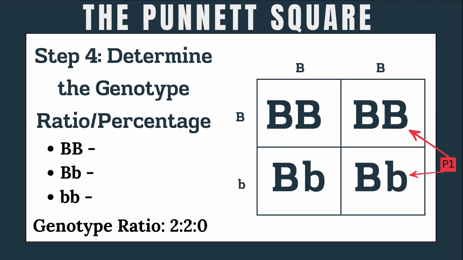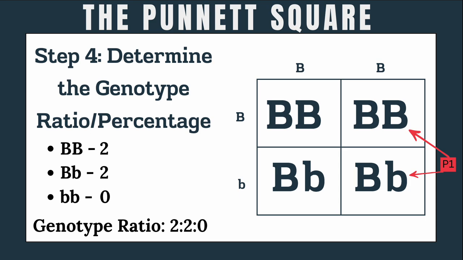So these offspring in the boxes are your F1 generation. You're going to look at the genotypes in the Punnett square and count how many boxes have each genotype. So, for example, your homozygous dominant will have 2. Your heterozygous will have 2.